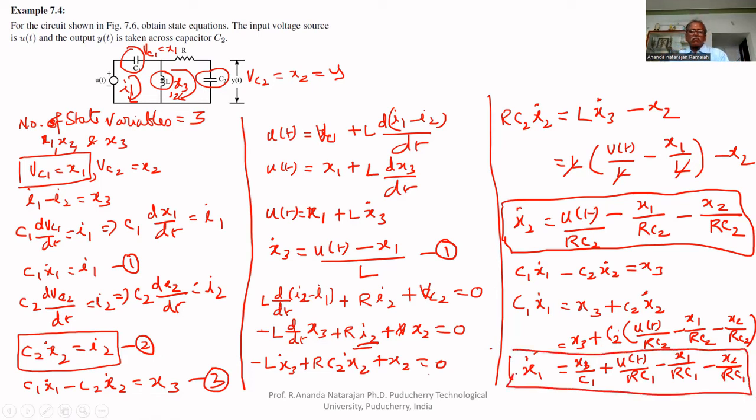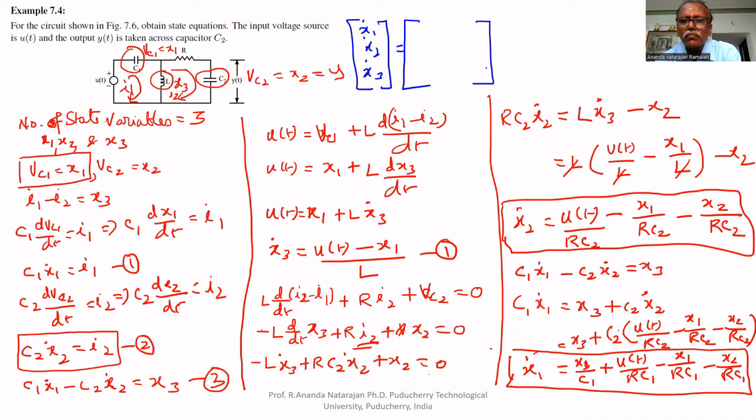Now we can put all the equations together in matrix form. We have x1 dot, x2 dot, x3 dot equal to a matrix times x1, x2, x3 plus a matrix times u(t).